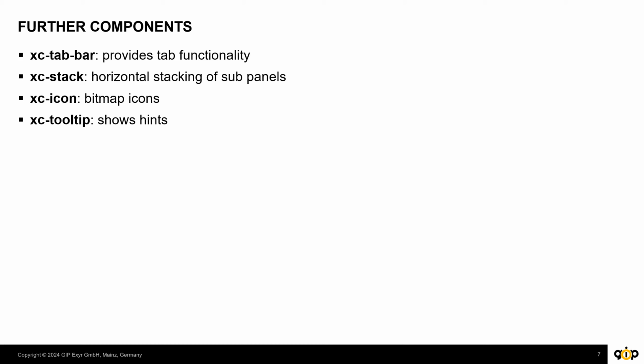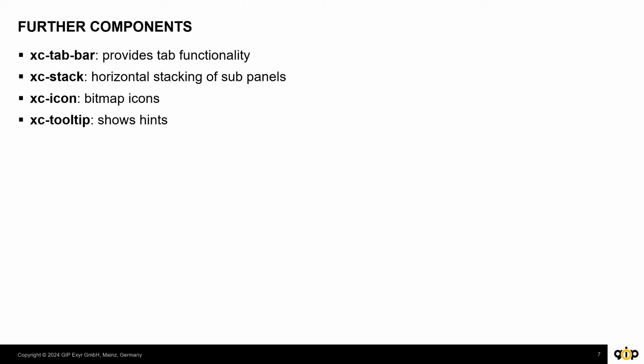This video doesn't cover all Zeta components, but some additional ones are the XCTabBar, which is used for tabs in a website, and the XCStack, which is a powerful tool to stack subpanels. Like an XCMasterDetail component, it can be used to show details at the right-hand side of another component.